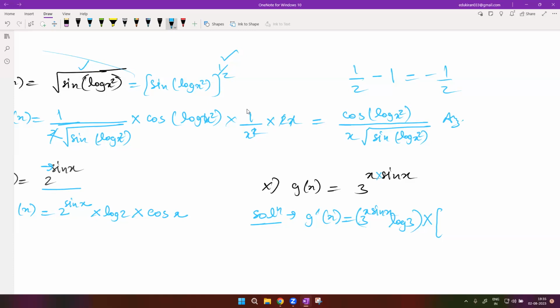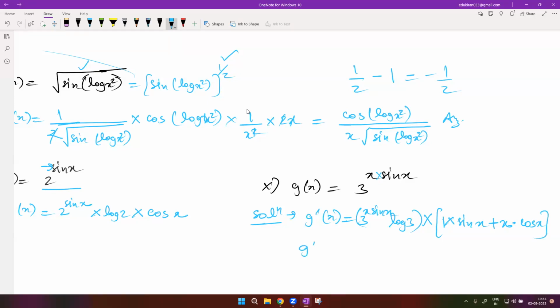So we will use the product rule now, which says for x into sin x, one function will be treated as constant and differentiate the other. So first the differentiation of x, which is 1, with sin x as constant, plus x as constant and the differentiation of sin x, which is cos x.